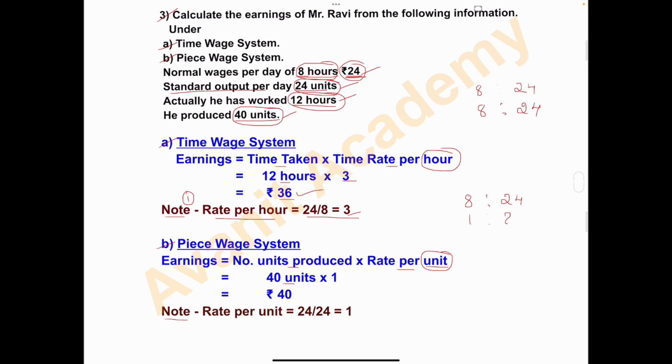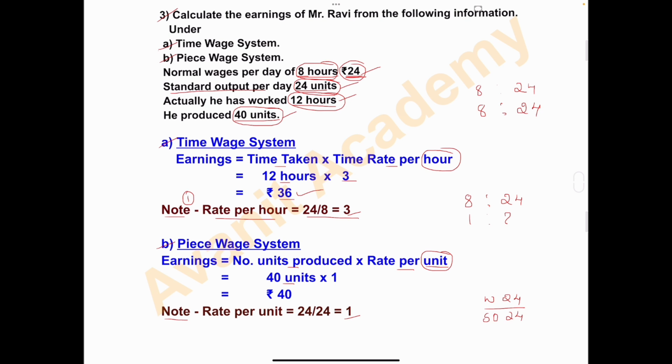See the note. Rate per unit is equal to 24 divided by 24. Okay, we have to take the total wages. Wage rate is 24 but standard output is 24. So 24 divided by 24, rupee 1 is the rate per unit.